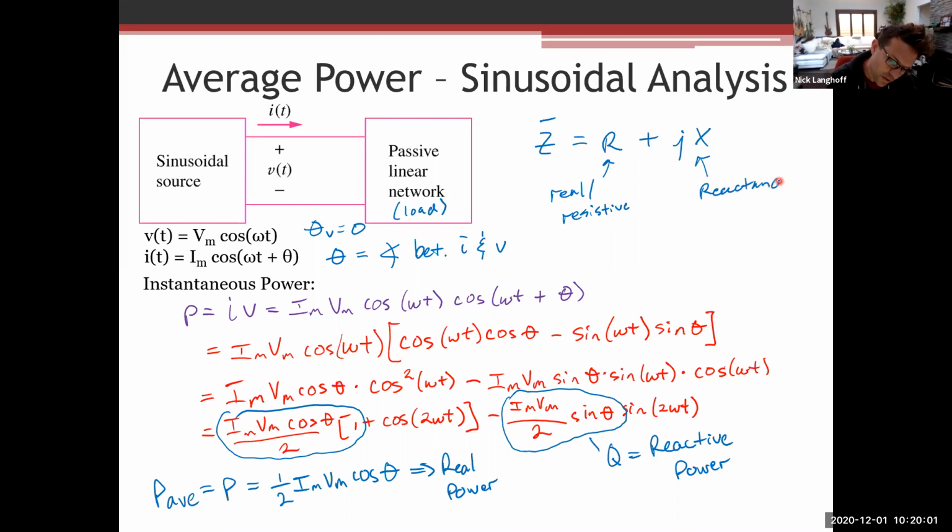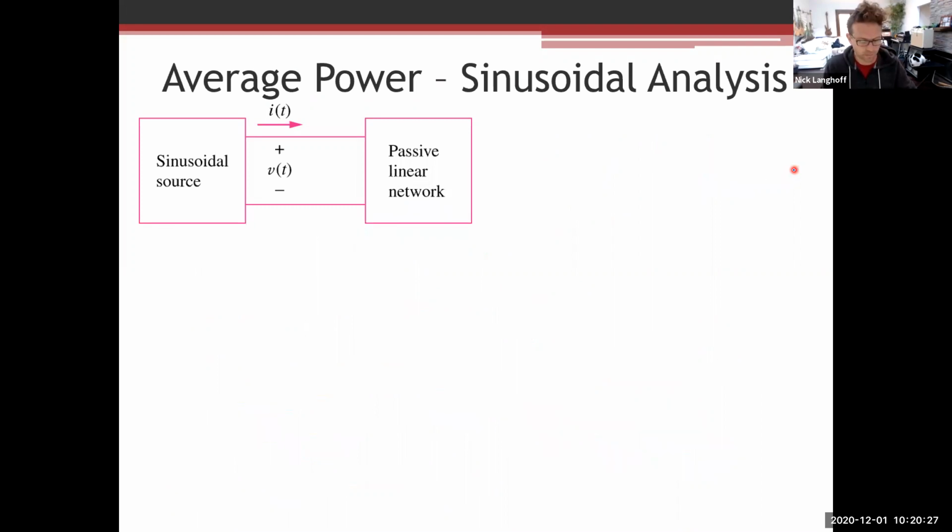This is the same kind of concept with power. We're now talking about the real power provided to something, and that's synonymous with the resistive power, and then we'll talk about reactive power, things like that.